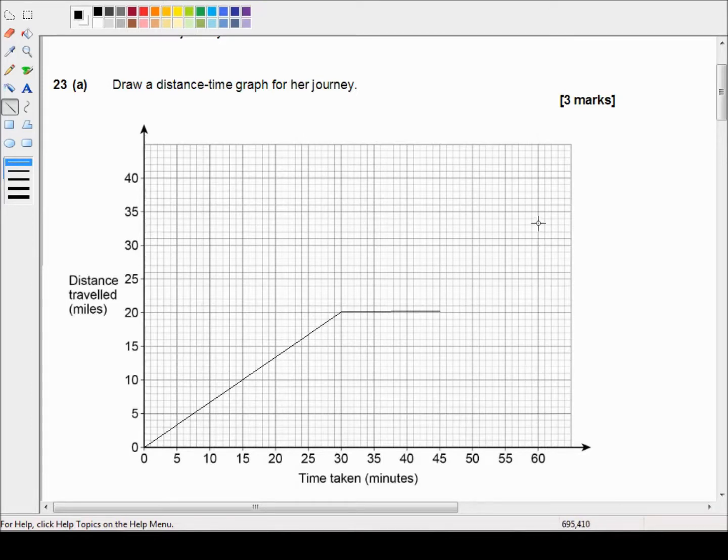So we're looking at 35 on the y-axis and 60 on the x-axis. So I would make that there. Okay, so your graph should look something like that, with that being a horizontal line.